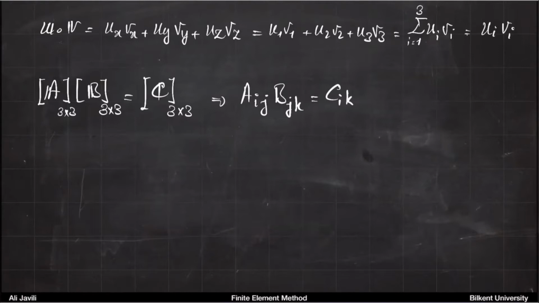Now, remember, we have this dot product. So what does the dot product do for you? You get two vectors, and it gives you a scalar value.